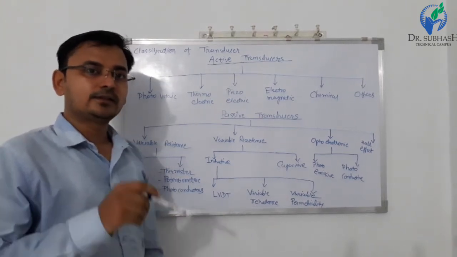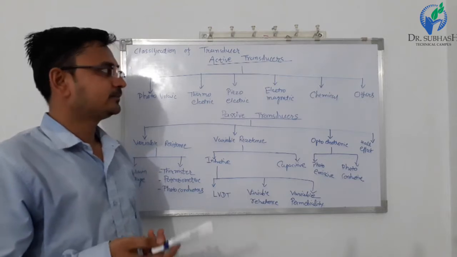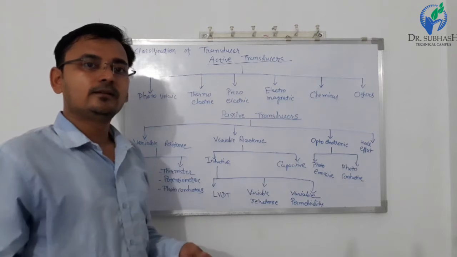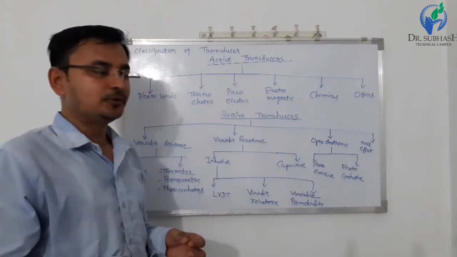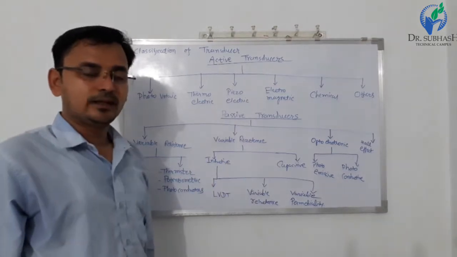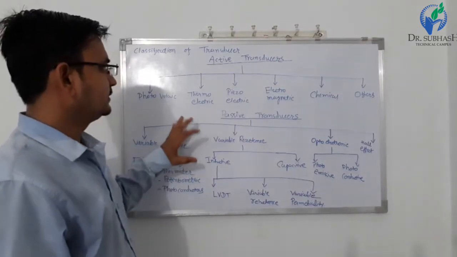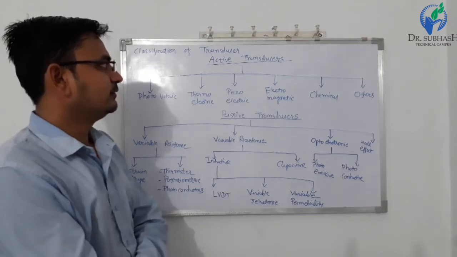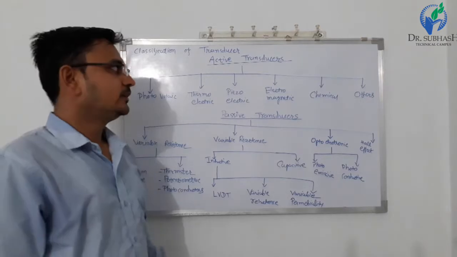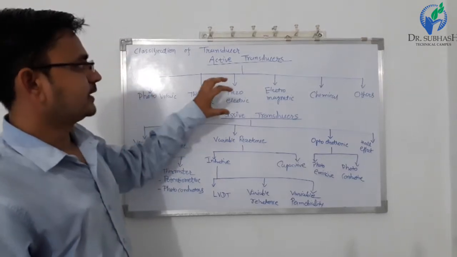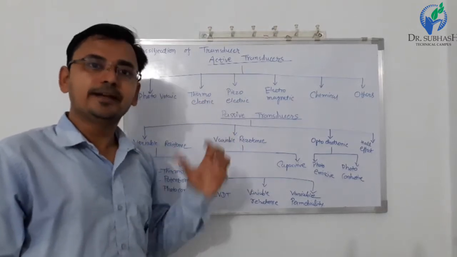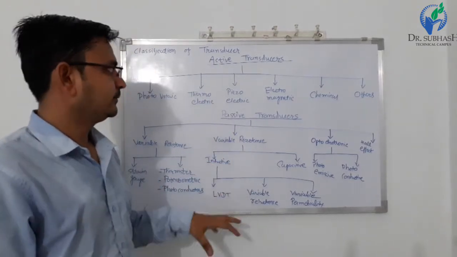It converts chemical energy into electrical energy, meaning some chemical processes are there, and the output will be an electrical voltage or electrical signal. Some other types of transducers are also available, but in this discussion we will see only these, and we will see the piezoelectric and thermoelectric types in some detail in the next chapters.